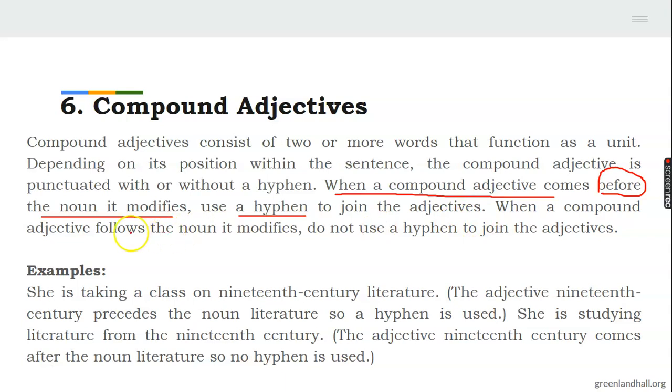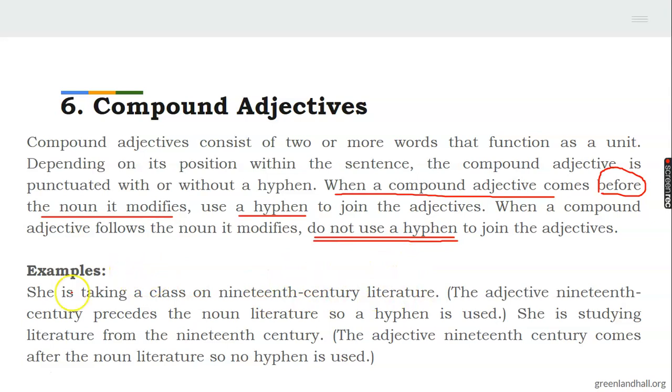Now, when a compound adjective follows the noun it modifies, that is, it comes after the noun that it's modifying, do not use a hyphen. Do not use what? Hyphen. Remember, we said they are two or more words.